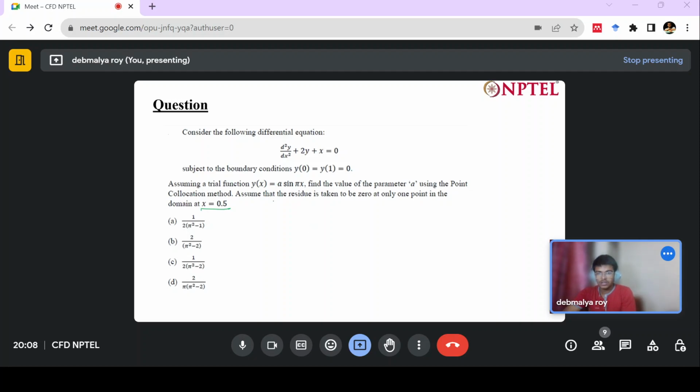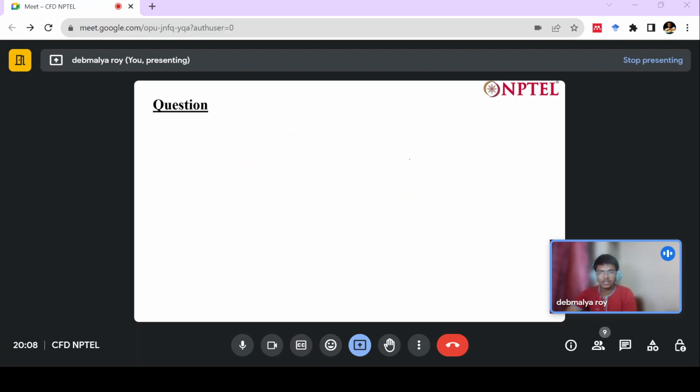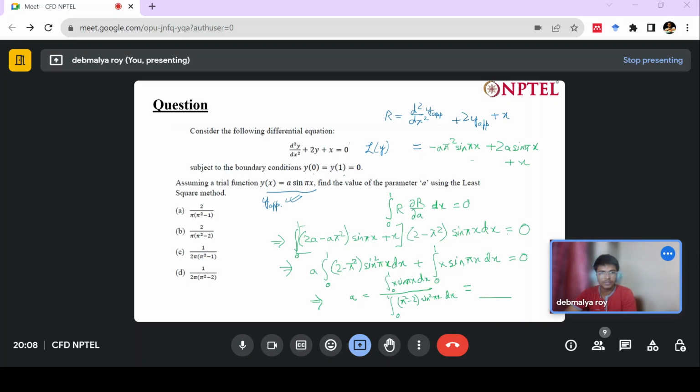Again the same technique will be there. We have already calculated the residual function, so let us copy it from here. This is the residual, right? We'll simply put it here.